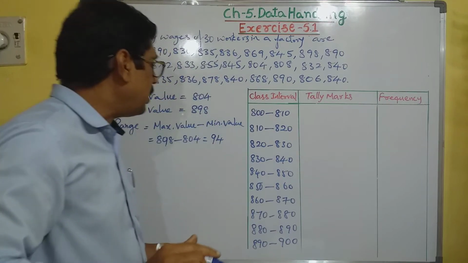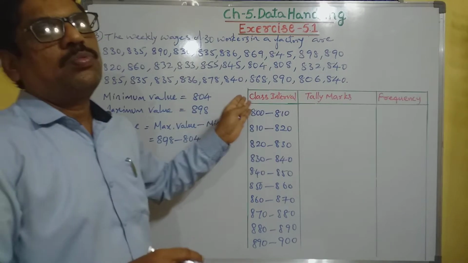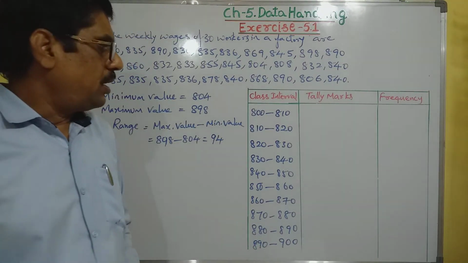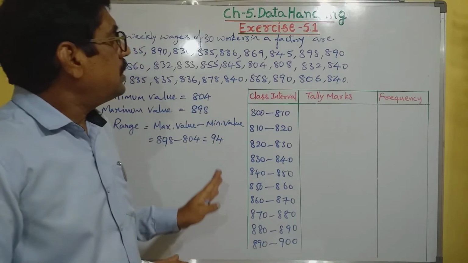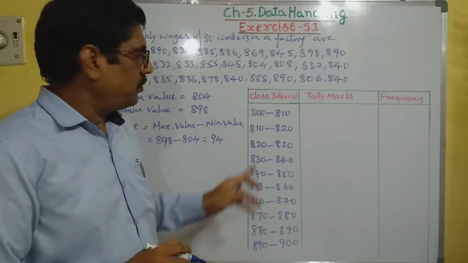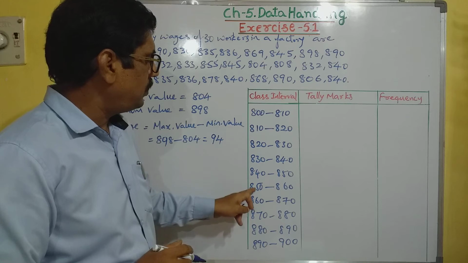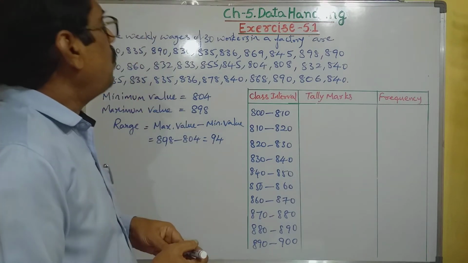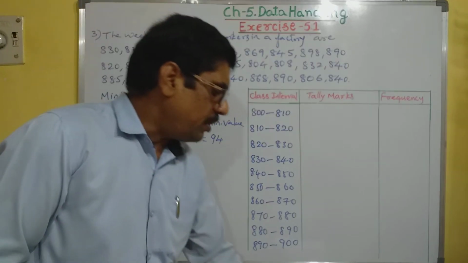That is enough, because there are no numbers more than 900. So it is enough to take up to 900. In total we have 10 classes: 1, 2, 3, 4, 5, 6, 7, 8, 9, 10. Now let us gather the tally marks for this.